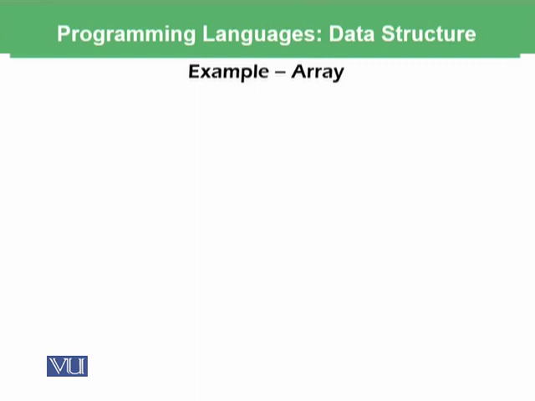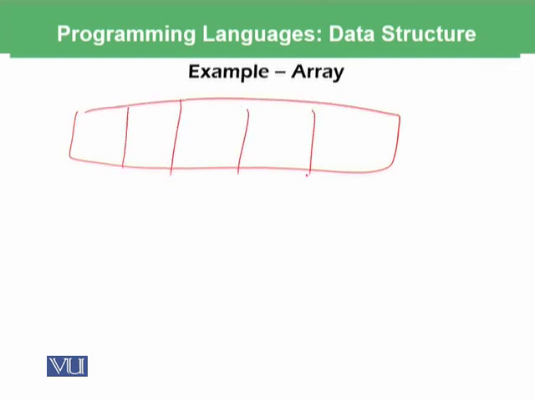So if we want to store the marks of a student for 5 subjects, we should have 5 float variables joined together.